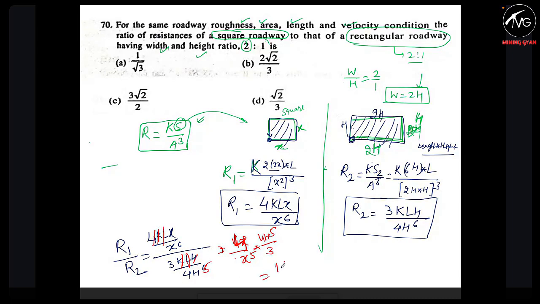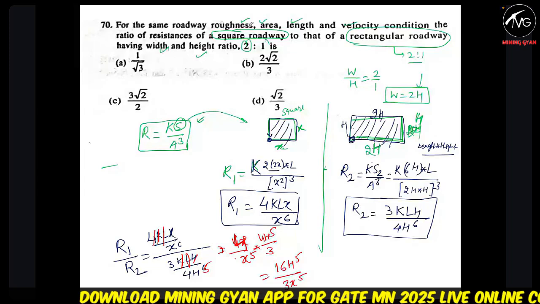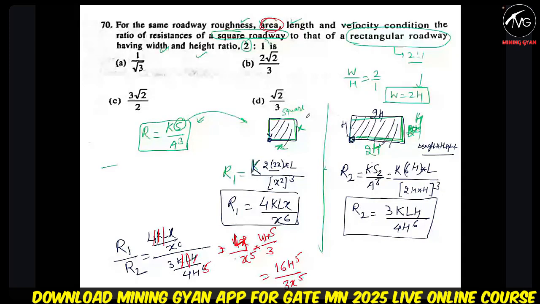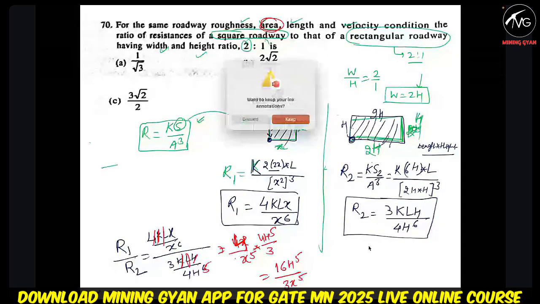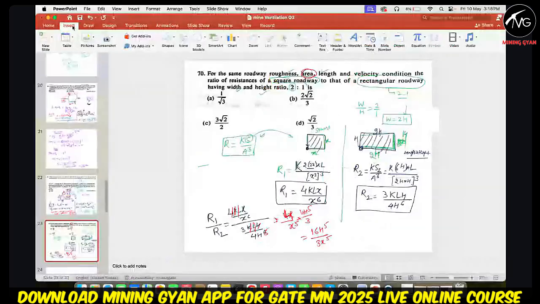So it will be 16h^5 divided by 3x^5. But he said same roughness, area is also same. What it means? What it means? अगर now you have to find out the relation between the h and x.